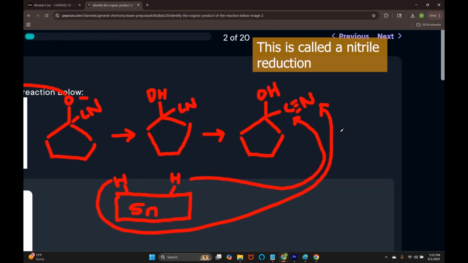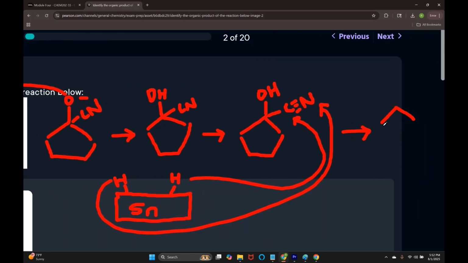And what will end up happening is we get this molecule where we have a CH2 and an NH2 that is also attached to our carbon. And that gives carbon its 4 bonds, it gives nitrogen its 3, and then obviously it has its lone pair as well.